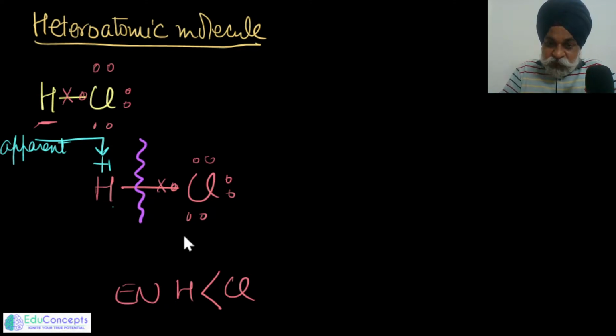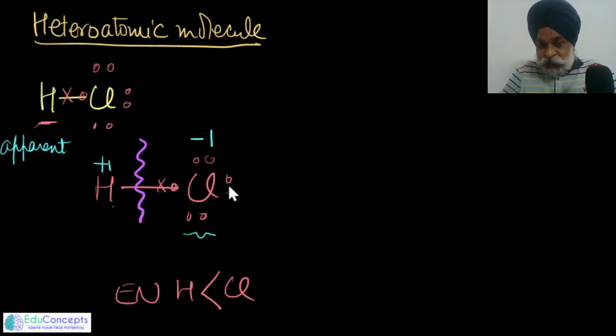And now if I want to find out the oxidation state of chlorine, this would be -1. I think I made my point clear. So why did it get -1? Because chlorine has taken along one electron of hydrogen during the heterolytic cleavage. As simple as that.